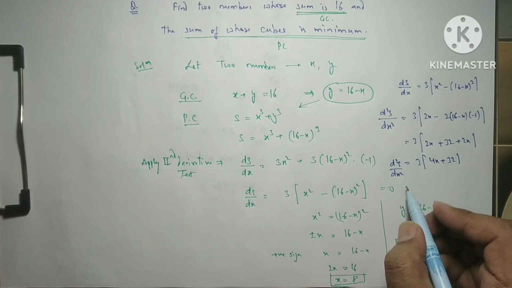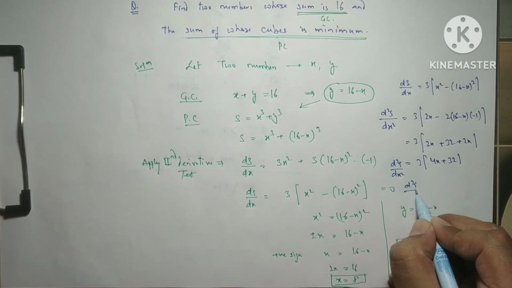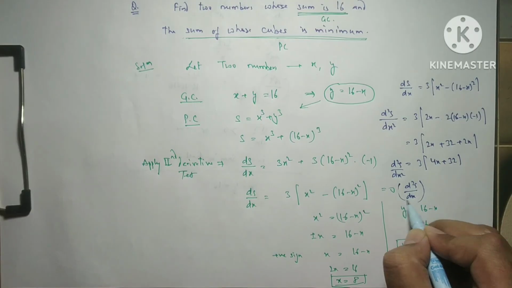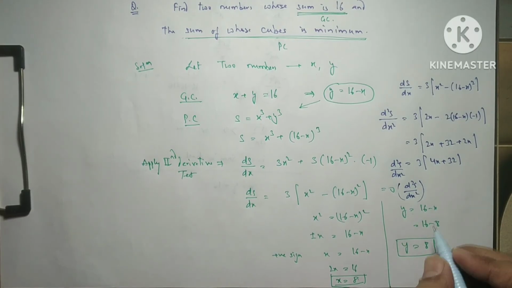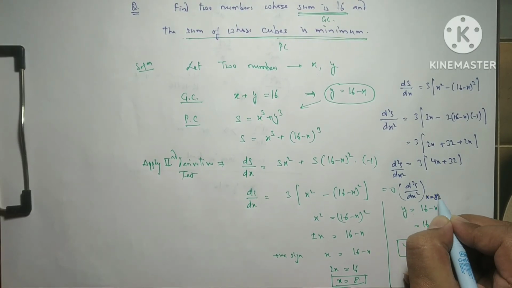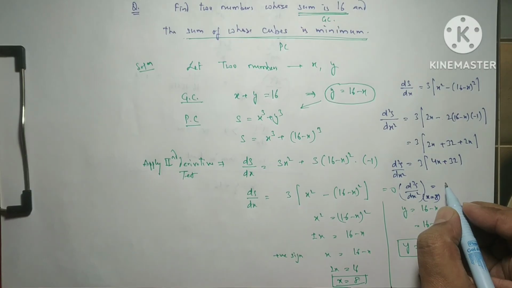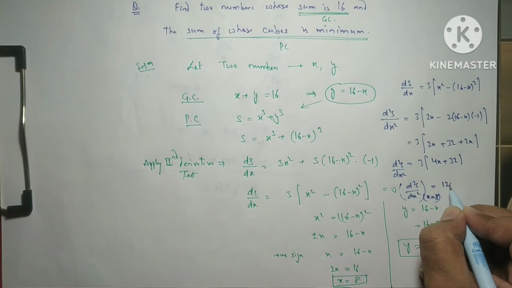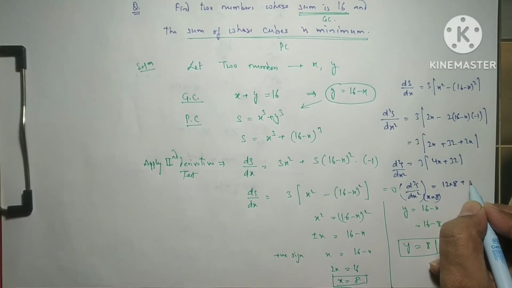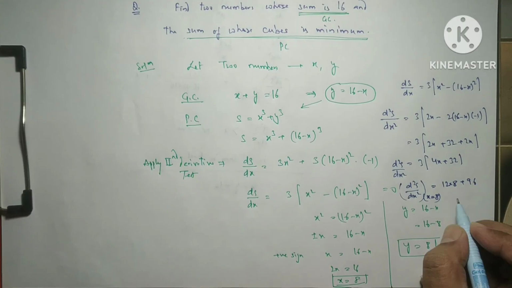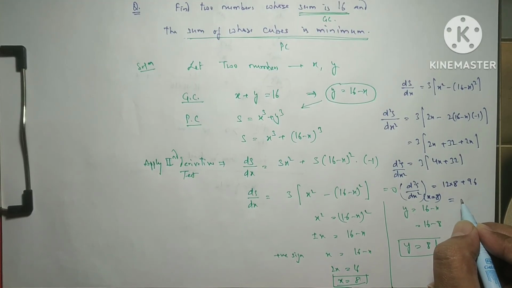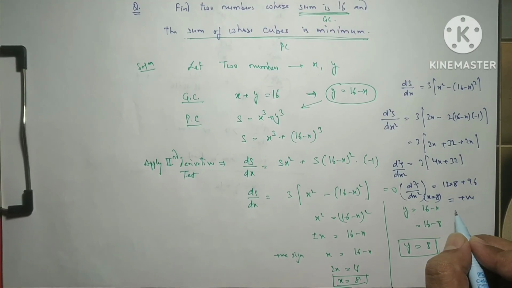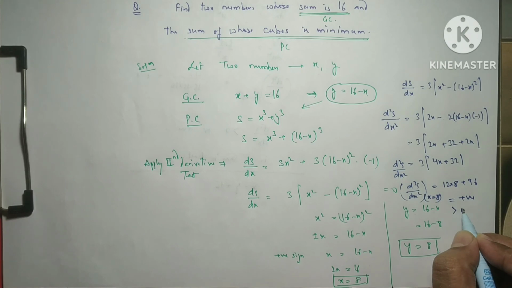So when you place the value of x, then d2s over dx square at x equals 8, we get 12 into 8 plus 96. So it is positive, or you can say greater than 0, means minimum.